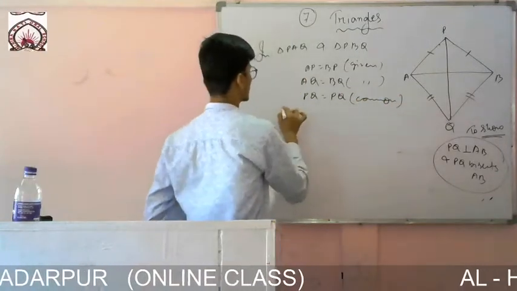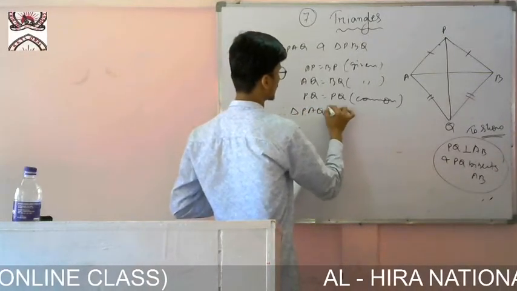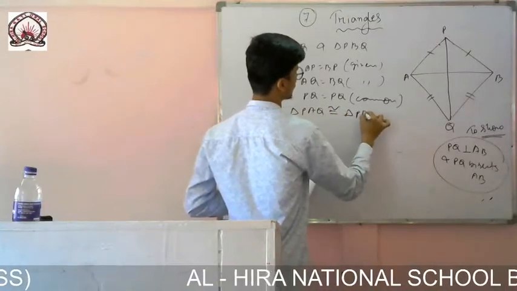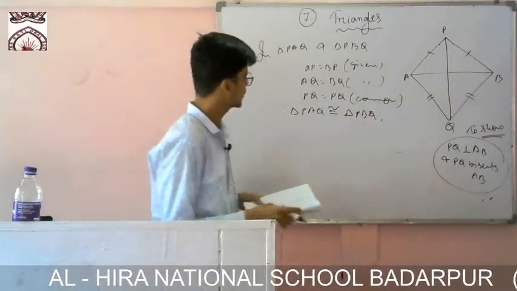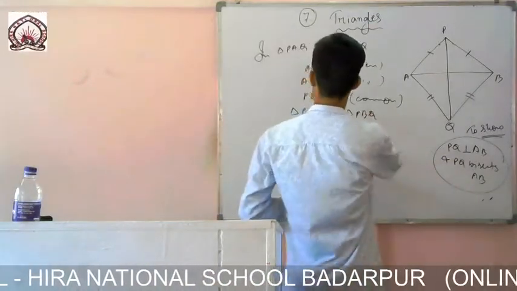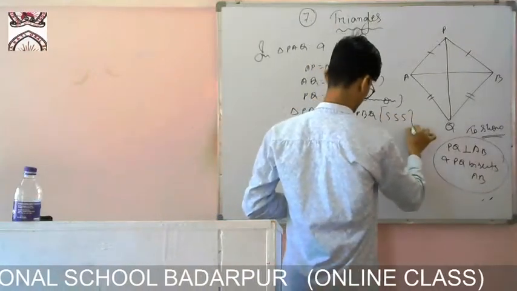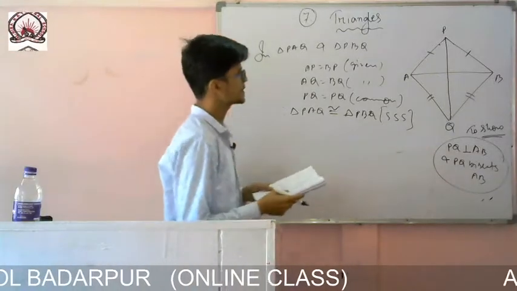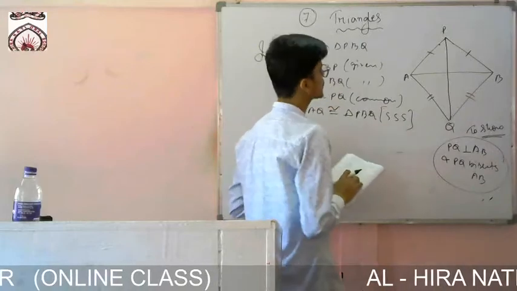So that means these two triangles are congruent. Triangle PAQ is congruent to triangle PBQ. What is the criteria here? That is all three are sides. So side, side, side. Okay. So you see here, by CPCT I can write angle APQ equals to BPQ.